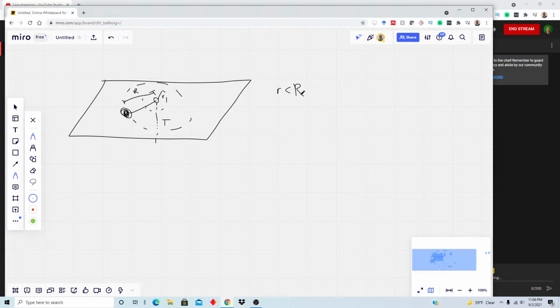And the question says, what is the change in energy of the puck when the radius is decreased? You may assume the puck is a point mass.